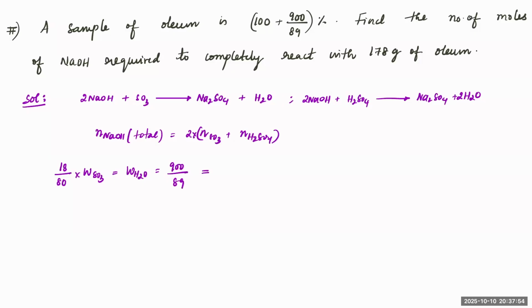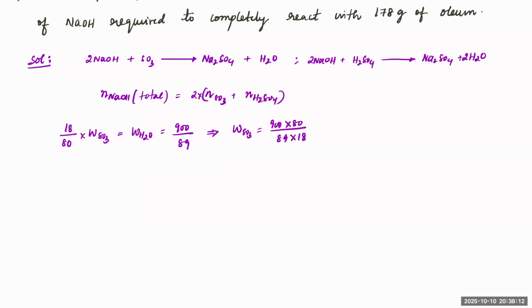So as you solve it, weight of SO3 will be equal to 900 times 80 by 89 times 18. Let me put this as equation 1 here.